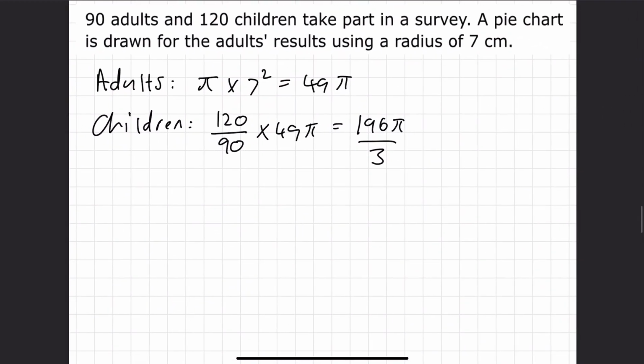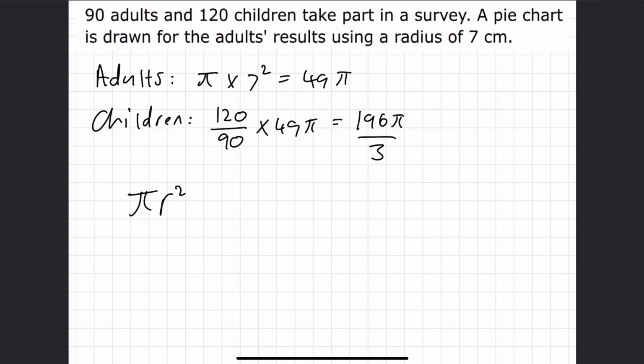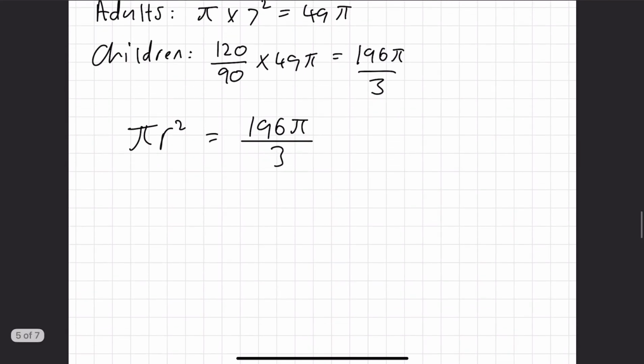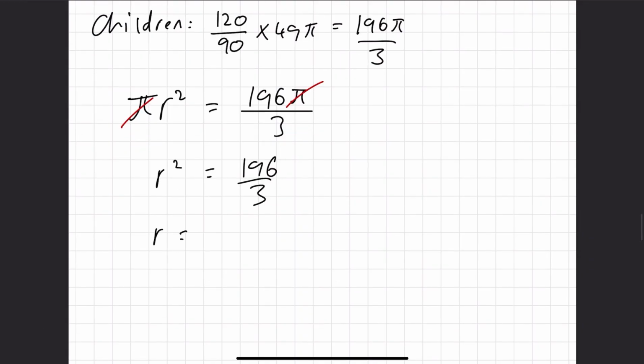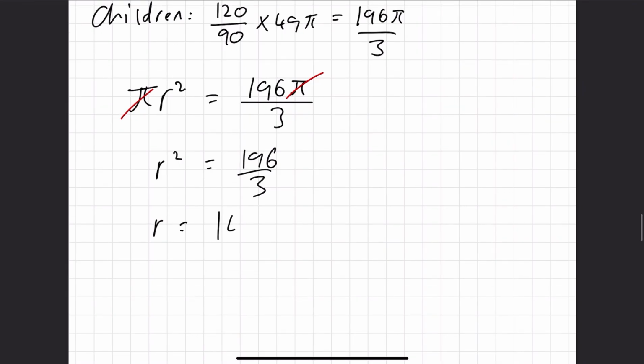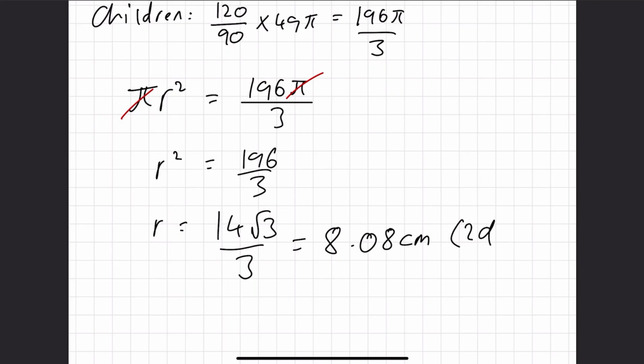We want to find a radius for children. Pi r squared equals 196 pi over 3. You cancel out the pi's and you get r squared is equal to 196 over 3. So your r is equal to the square root of 196 over 3. So 14 root 3 over 3. And that is 8.08 centimeters to 2 decimal places.